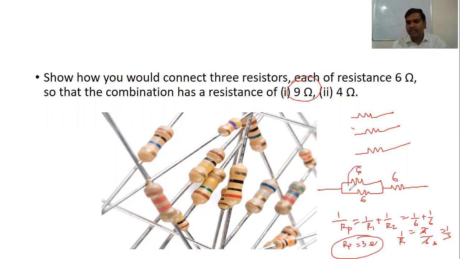Now 6 parallel 6 will give 3 ohm, and this other resistor is 6. This is in series with the 3, so 6 plus 3 is 9. So the answer is, 2 resistors should be in parallel, and the other resistor should be in series to obtain this.